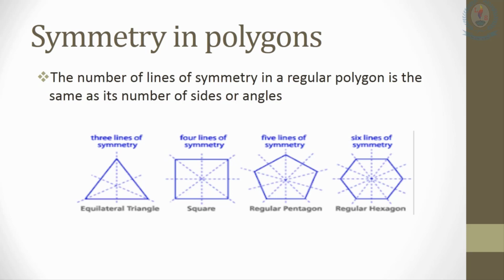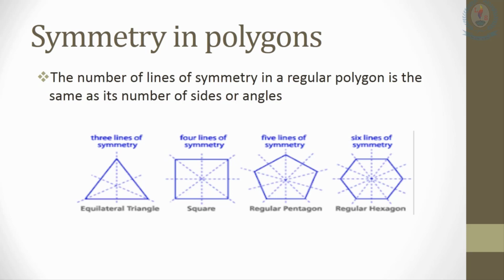Only in regular polygons. Next one is a square or regular quadrilateral. There are 4 sides, so there are 4 lines of symmetry. In a regular pentagon, there are 5 sides and 5 angles, so the number of lines of symmetry is 5.